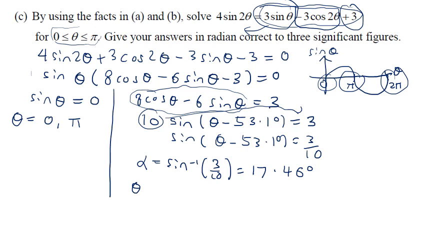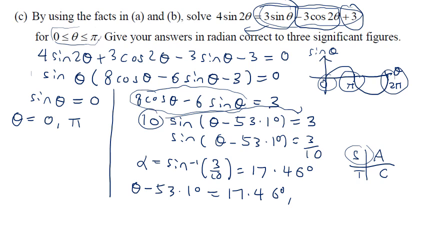So in our case, theta minus 53.1 degrees equals 17.46 degrees, and also for the second quadrant, because we know ASTC, for the second quadrant, sine is also positive.